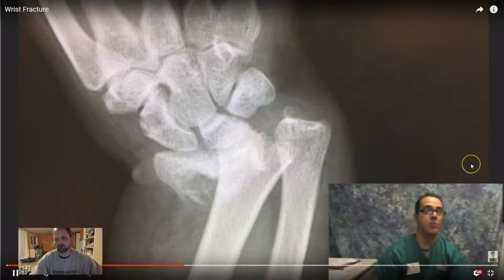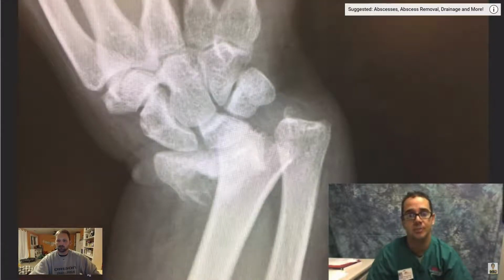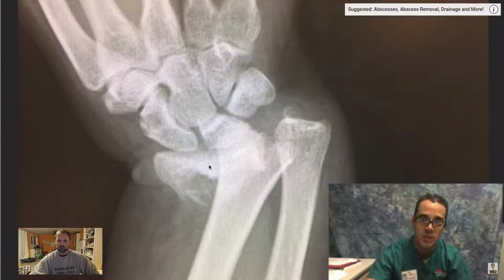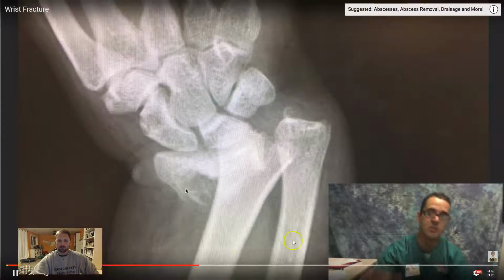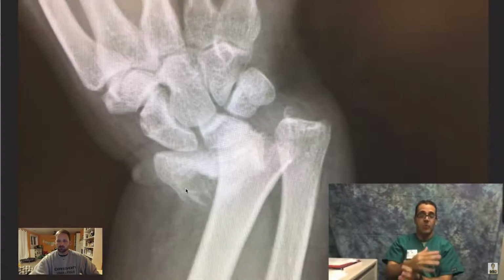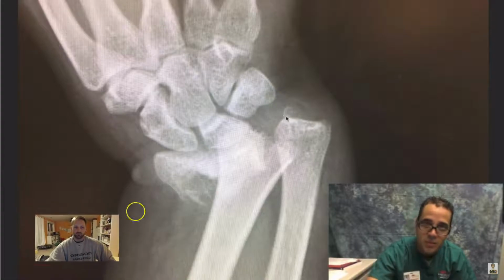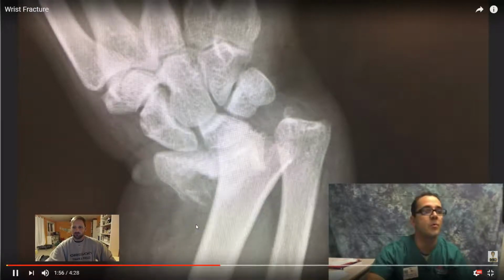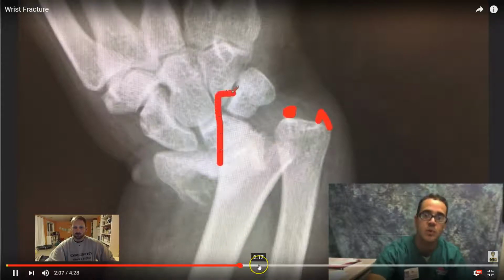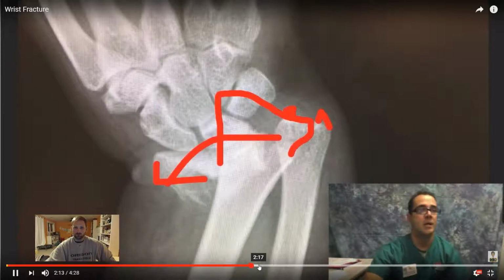The ulna seems intact except for that right there. That's a little piece of bone, the ulnar styloid, right? This is supposed to go right here, so it's always displaced that way.